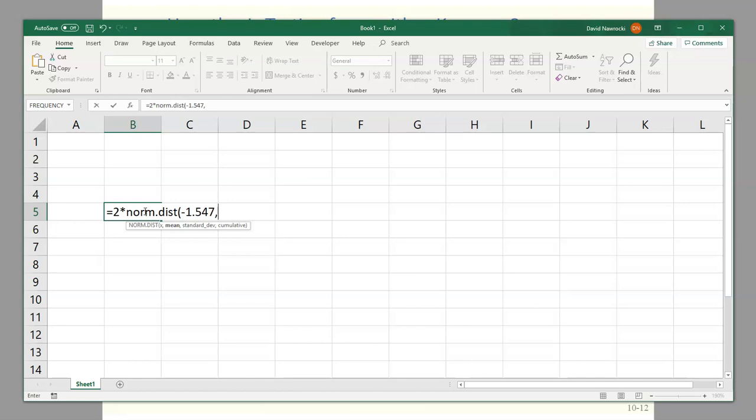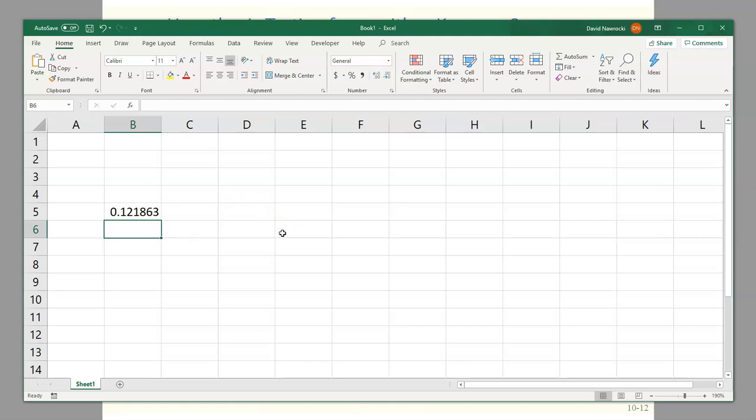And then the mean for the standard normal distribution is 0. The variance is 1, and then you always want 1 at the end when you're using the norm.dist function for cumulative. That tells Excel to give us back an area, that last 1. So there's the command that you would type in. Hit enter.